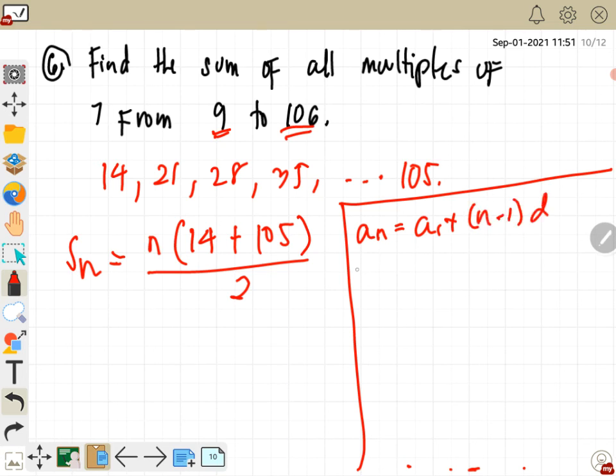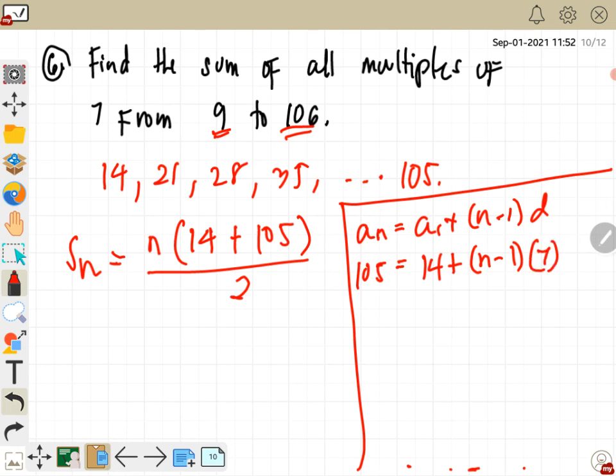A sub n becomes the last term, 105. A sub 1 becomes 14. Then n is missing, we do not know yet. Since these terms are multiples of 7, the common difference is 7 itself.